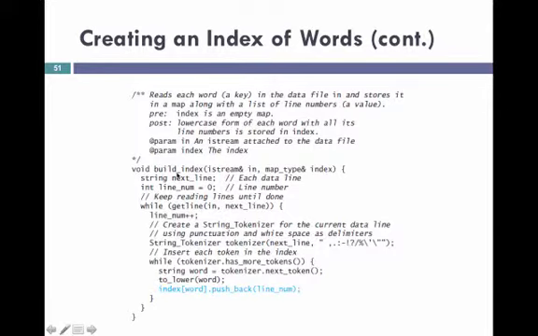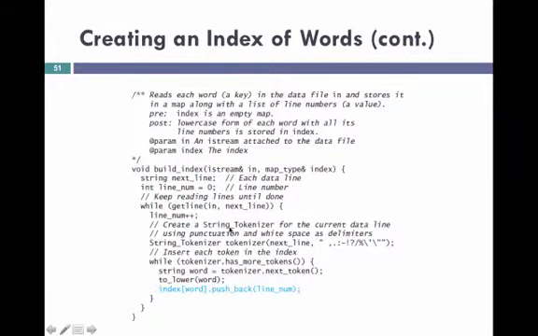So here's our build index function. The precondition is index is an empty map. Following the function, the lowercase form of each word with all of its line numbers is stored in the index. In is an input stream attached to the data file, and index is the index. We initialize line number to 0, and then as long as we're getting each line, we increment line number.